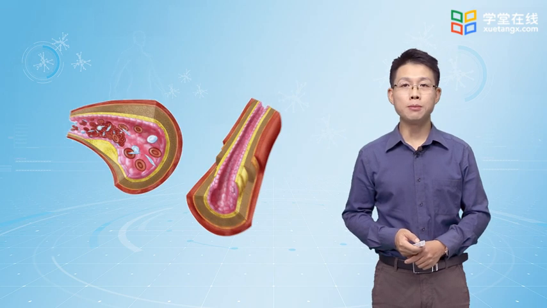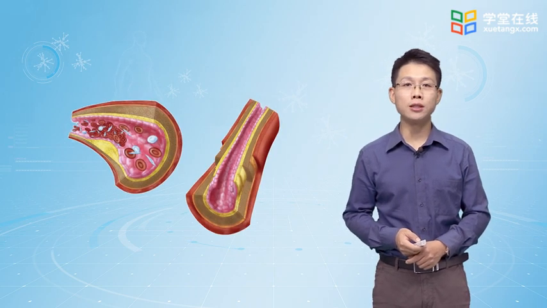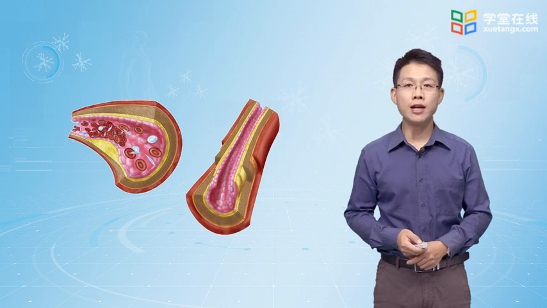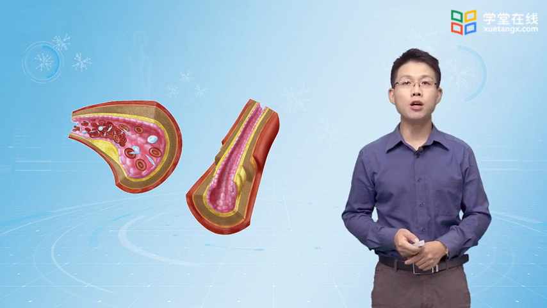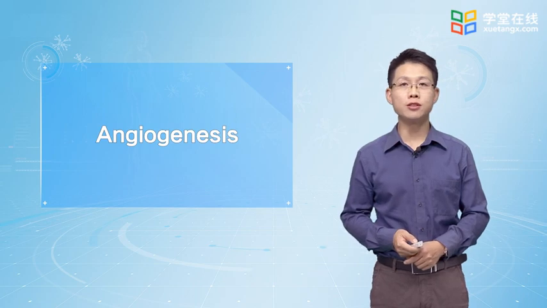Besides cell division, tumor cell growth also needs an appropriate microenvironment, especially nutrients from blood. So, tumor cells have the capacity of constructing this microenvironment by including blood vessel formation, which we call angiogenesis.